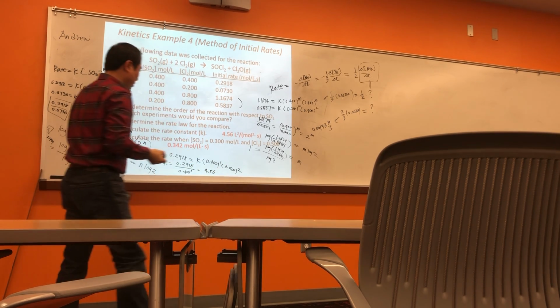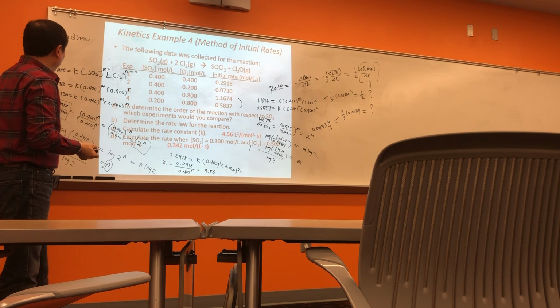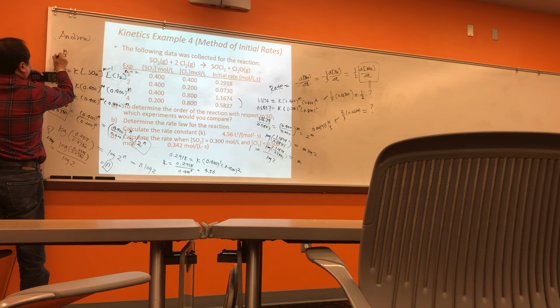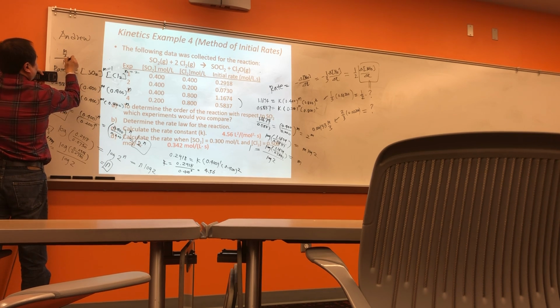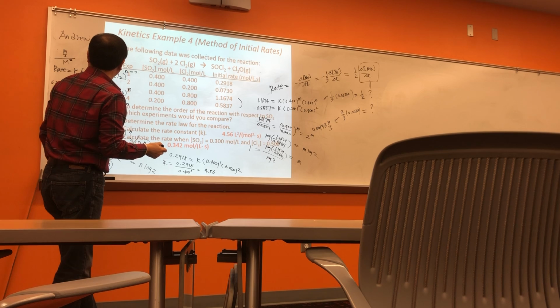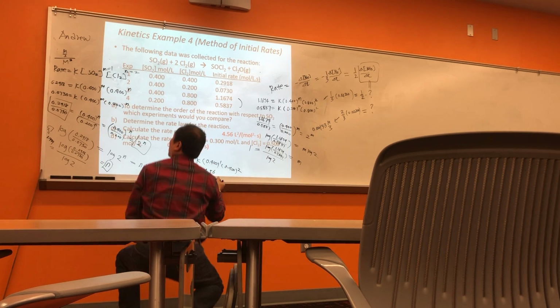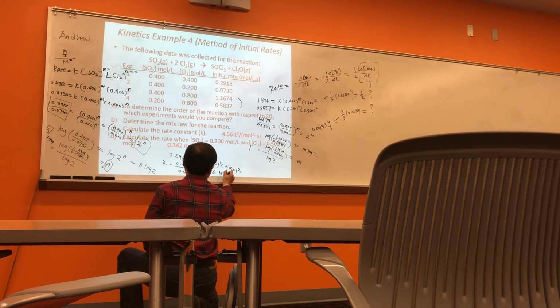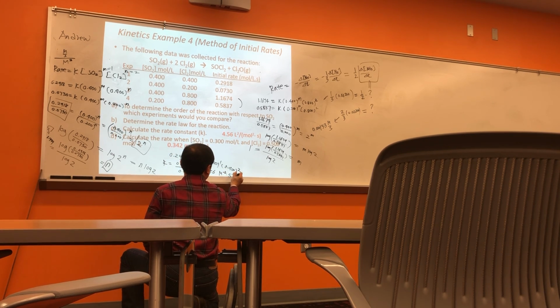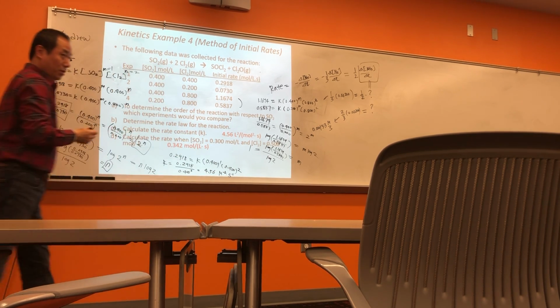Okay. And the unit is mole over second divided by molarity to the third power. So that will be molarity to the negative 2 power, and that's second to the negative 1. Okay.